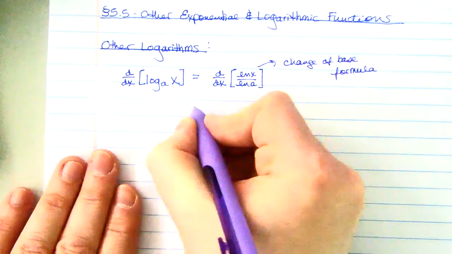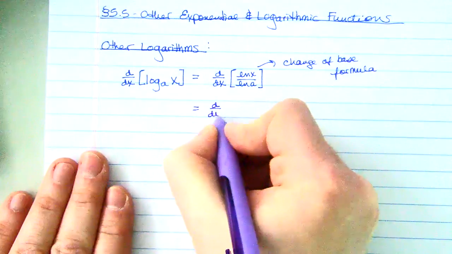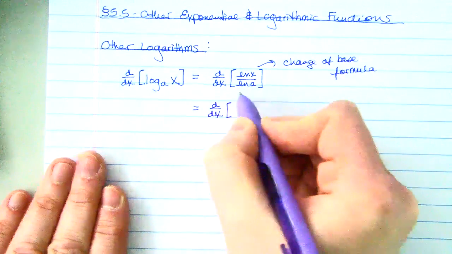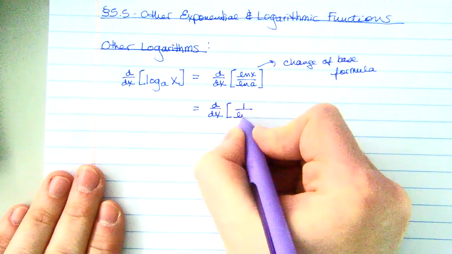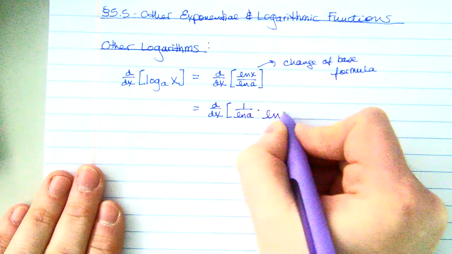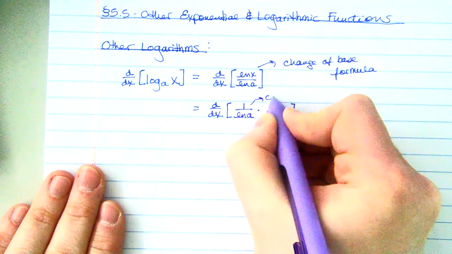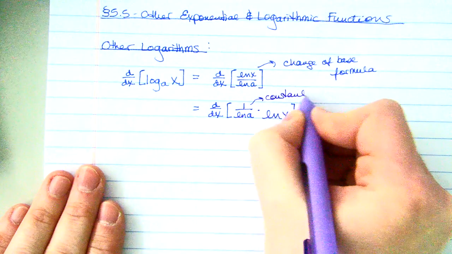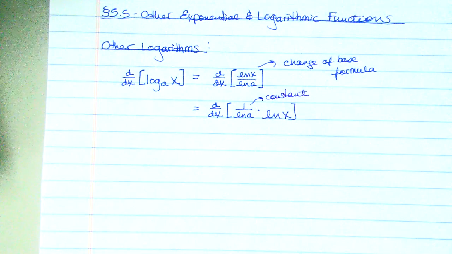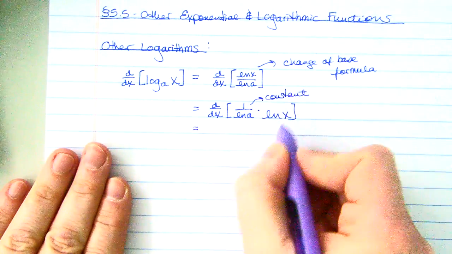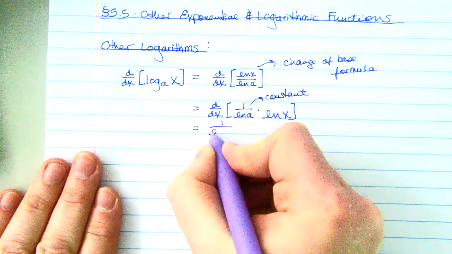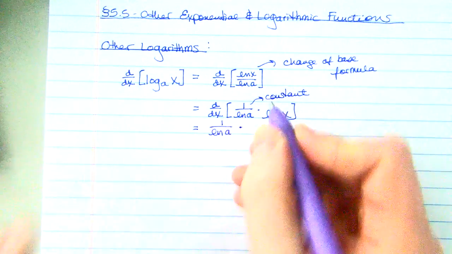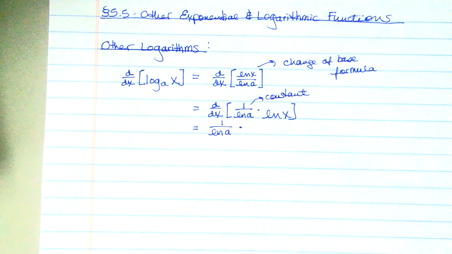And actually, why don't I rewrite this as the derivative of, isn't the natural log of a just a constant? So how about I say it's 1 over the natural log of a times the natural log of x. This thing is just a constant. So, I'm going to use my constant multiplier rule, which says the derivative of this is 1 over the natural log of a times whatever the derivative of the natural log of x is.